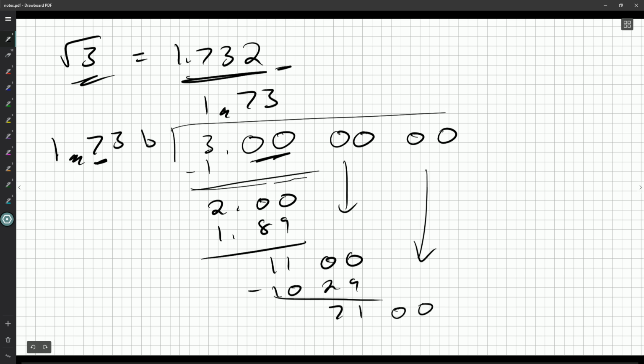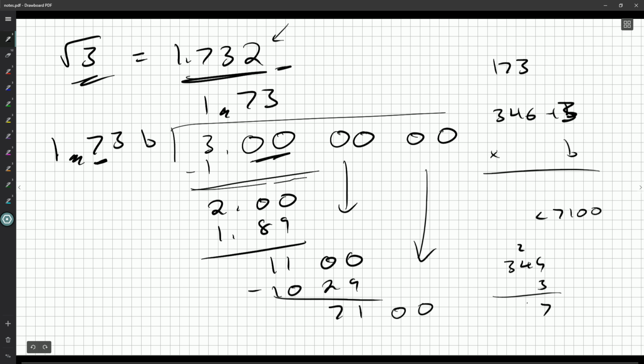What b do I put here so that 173 times 2, so that would be 346 plus b times b is less than 7100. Okay, and I'm saying that that's going to be 2, based on my recollection of how the number works. So 349 times 3, 7, 2, 4, 1.